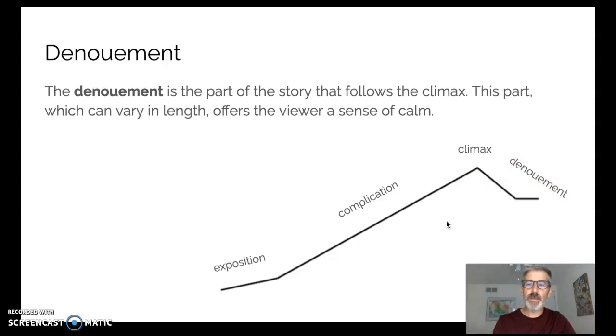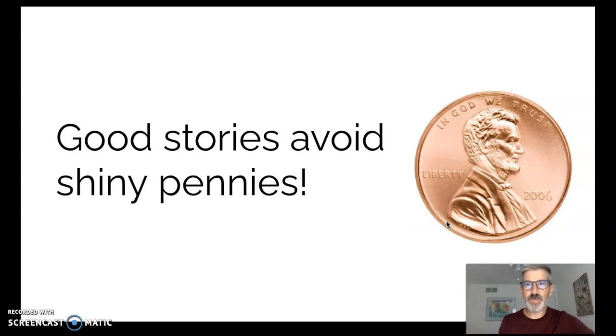What I want to do next is explain this philosophy that I have about good stories. Good stories avoid what I refer to as shiny penny syndrome. Shiny penny syndrome is the situation where elements in a story do not contribute to the whole. Sometimes shiny pennies look pretty and you want to go out in the street and pick them up. But if you do, you might not see that truck coming by, and it might derail you.